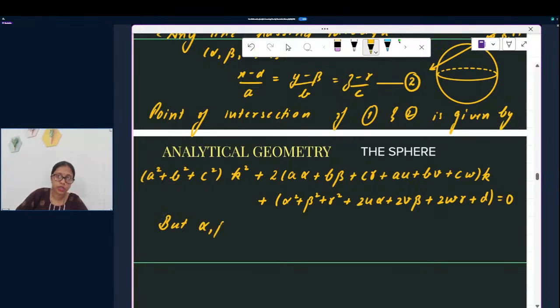Alpha, beta, gamma lie on a sphere, so it will satisfy the equation of sphere. What does that mean? Lie on sphere, it implies, what is the equation of sphere?